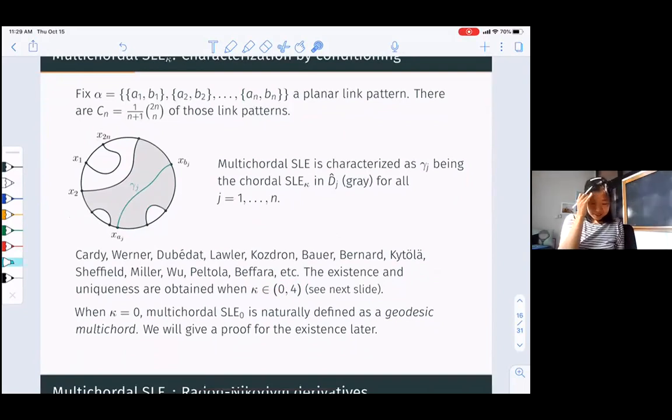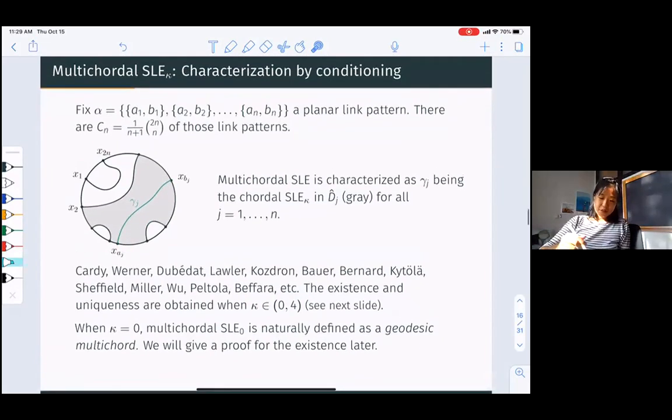And for kappa equal to 0, the natural definition of SLE 0 would be that each of these curves has to be the hyperbolic geodesic in this gray shaded area. Therefore, we define a multichordal SLE 0 to be the geodesic multichord.